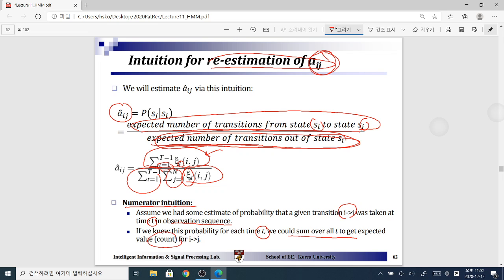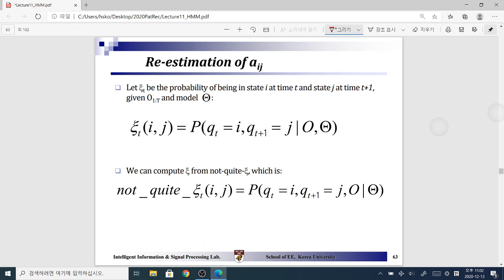In other words, the count for i to j. Okay, so let's delve into a little bit more detail of how this estimation of A sub ij becomes, as was denoted here at the previous slide.